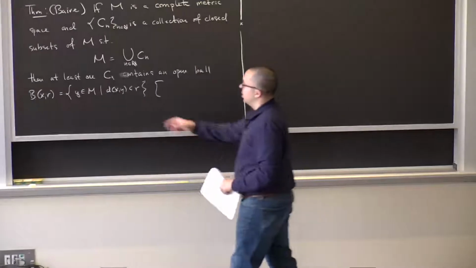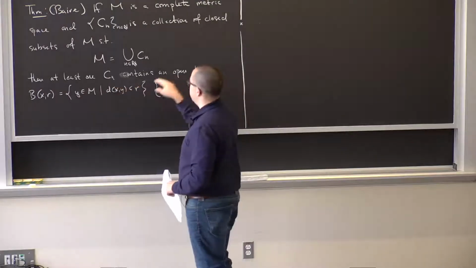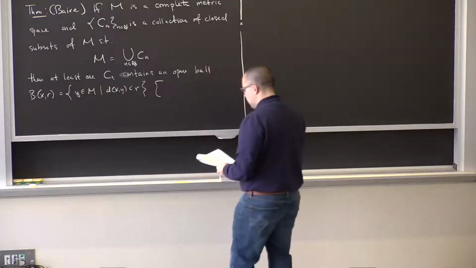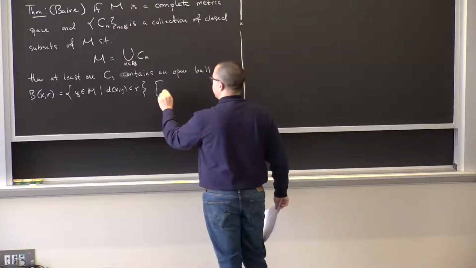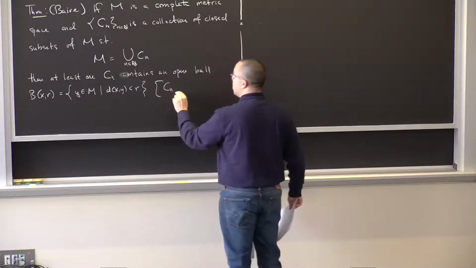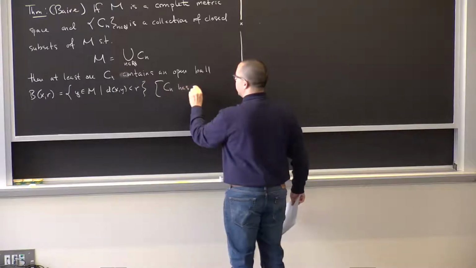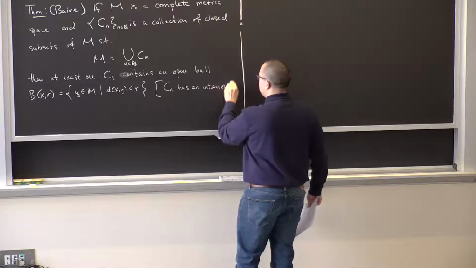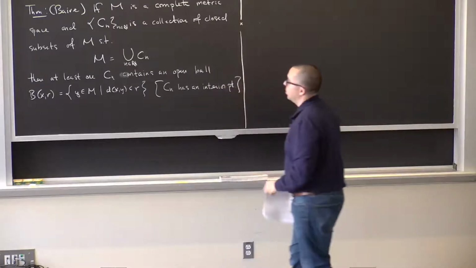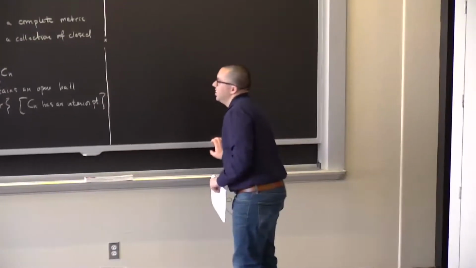So at least one Cn contains an open ball. Could be stated more succinctly as at least one Cn has an interior point. Okay?